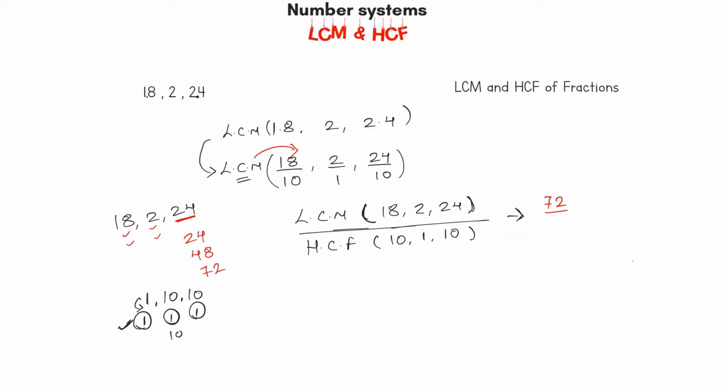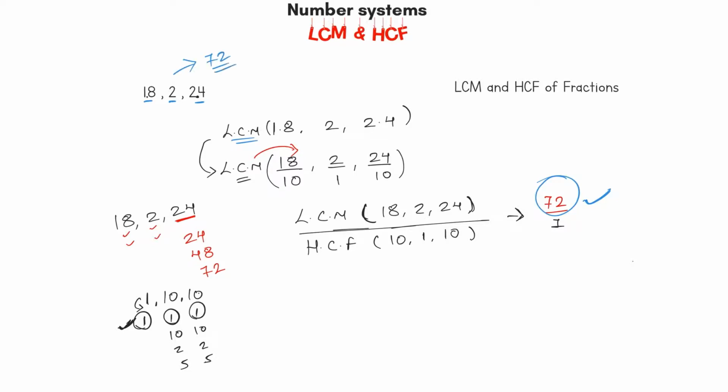Even if I have a 10 or a 2 or a 5, it doesn't matter, because there is only one factor with 1, that is 1. So it has to come out to be 1. 72 divided by 1 is 72, and that is the LCM, least common multiple, of 1.8, 2 and 2.4.